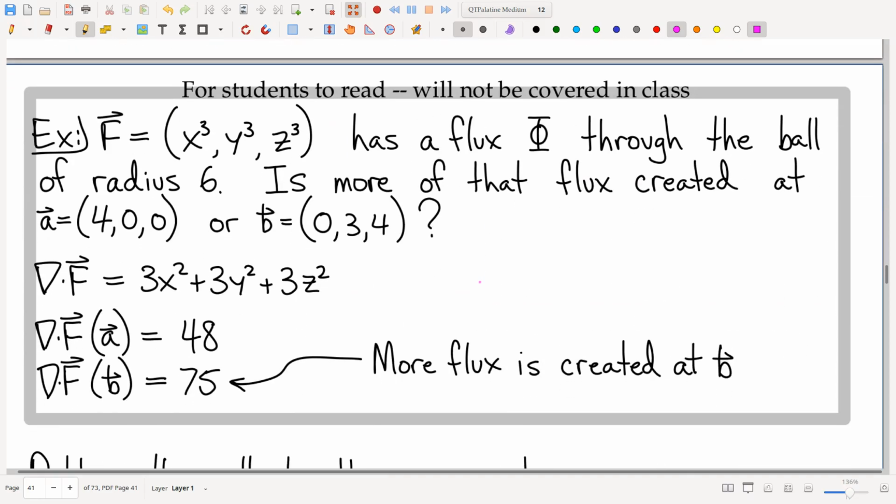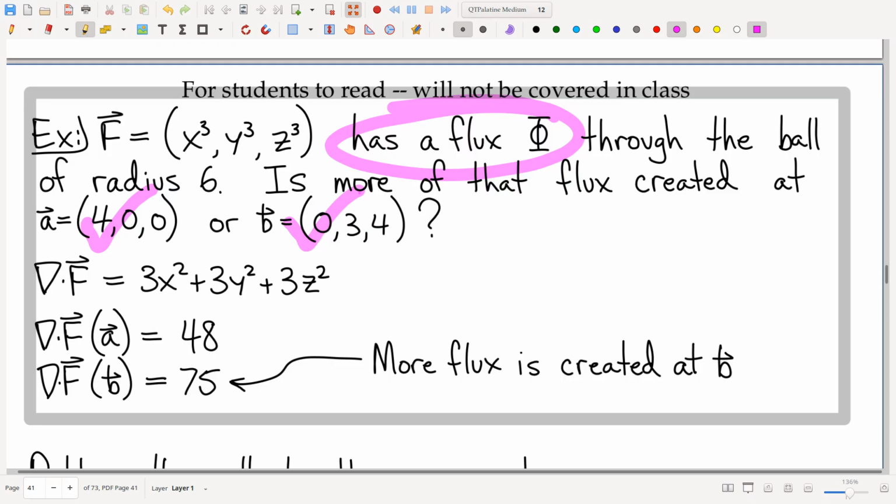Now this is, I'm going to wave my hands at this. You can read this, it's just a computation. But keep in mind, if we have a certain amount of flux, some vector field through some surface, well, if I claim that is a kind of stuff, and that it's distributed across the interior, I could reasonably ask, is there, in some sense, more of it at the point A, or is there more of it at the point B?